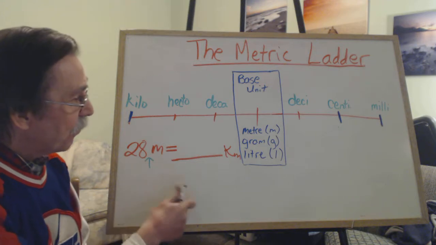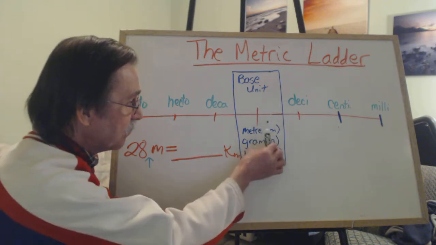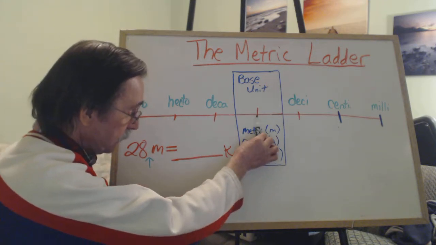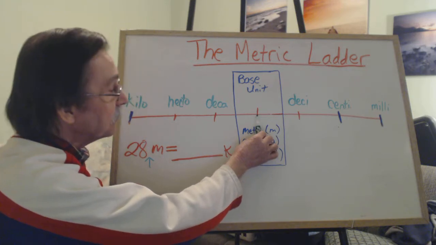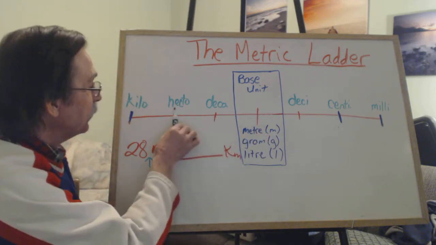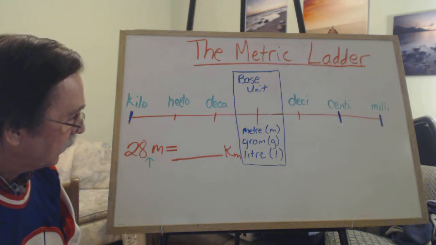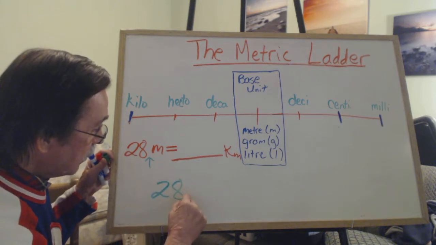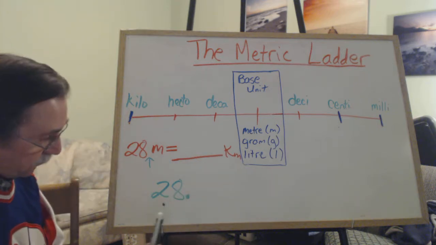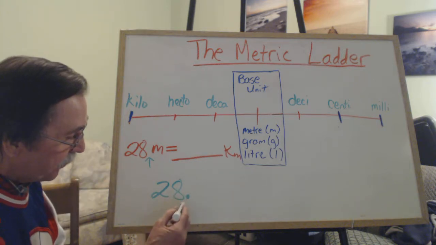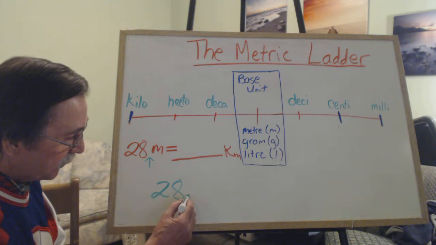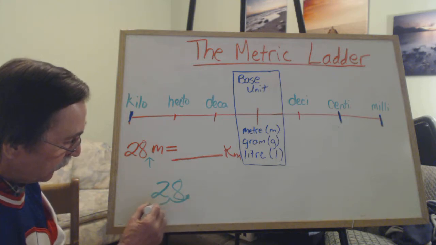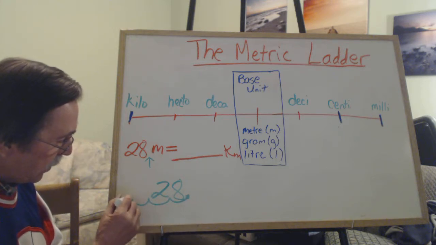We start here at meters, and we jump until we get to kilometers. 1, 2, 3. So I'm going to write my 28 over here, and jump 3 jumps to the left. 1, 2, 3.